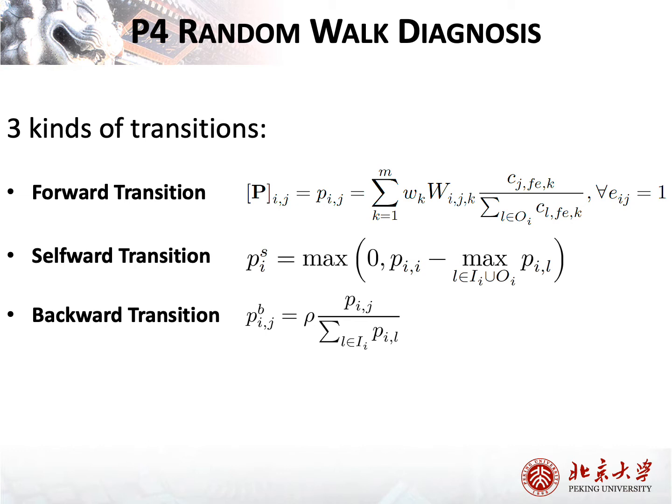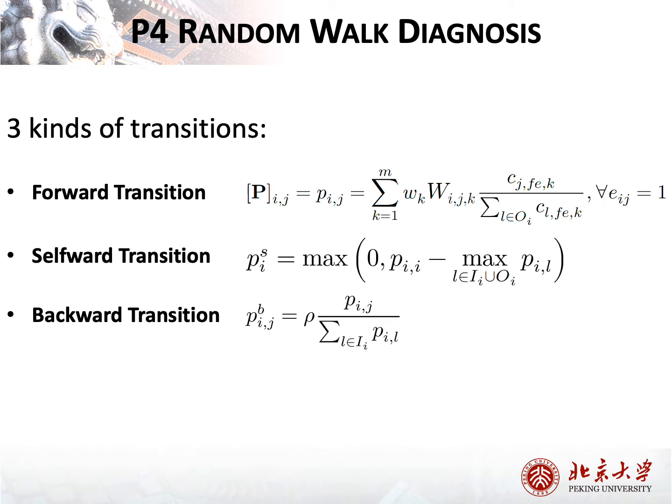Forward transition. Assume that the random visitors are visiting a node. It has a chance to walk to the next node if they are connected. And self-ward transition. That means the visitors are encouraged to stay longer on the current visiting service if none of its preceding and subsequent services are of high correlation score.